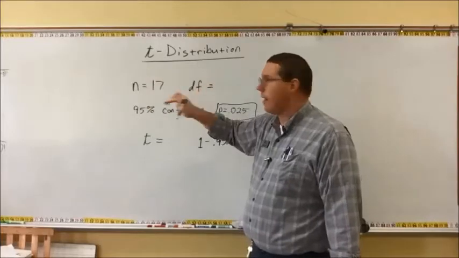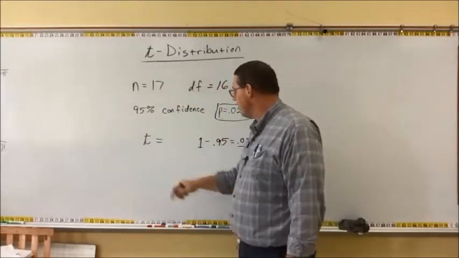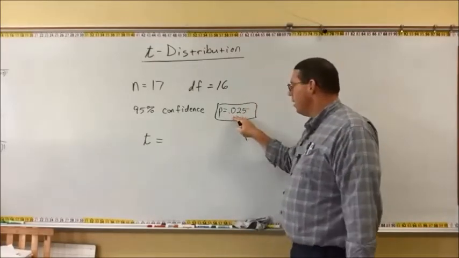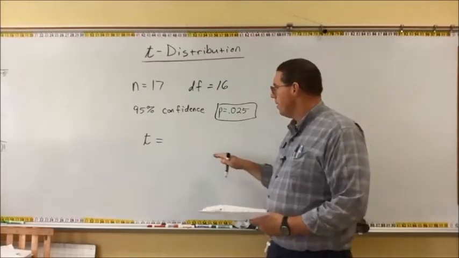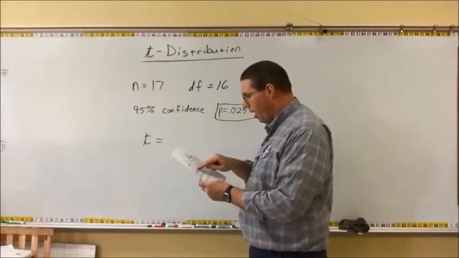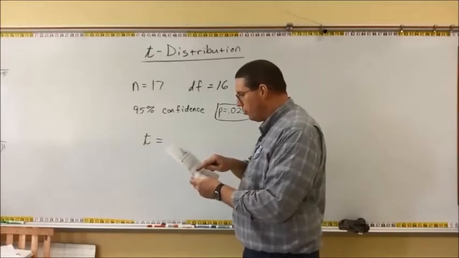Degrees of freedom is 1 less. 17 minus 1 is 16. And now, to get the t statistic, all we have to do is go to the p column of 0.025 and then go down to degrees of freedom of 16. 0.025, degrees of freedom 16 gives me 2.120.